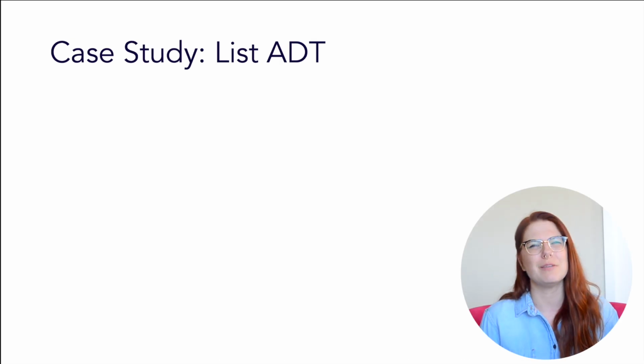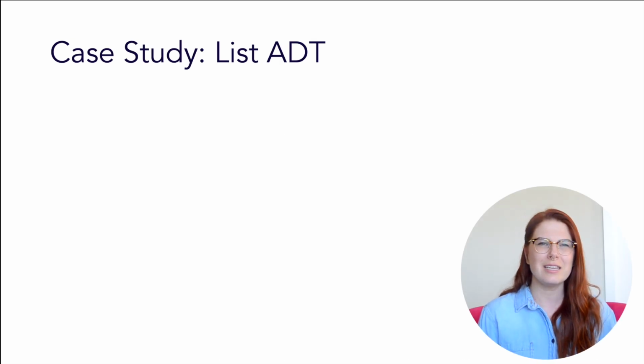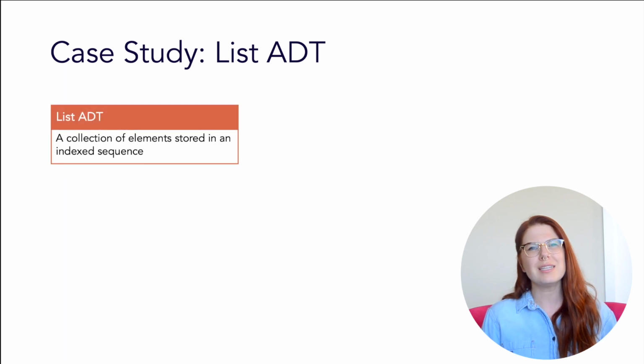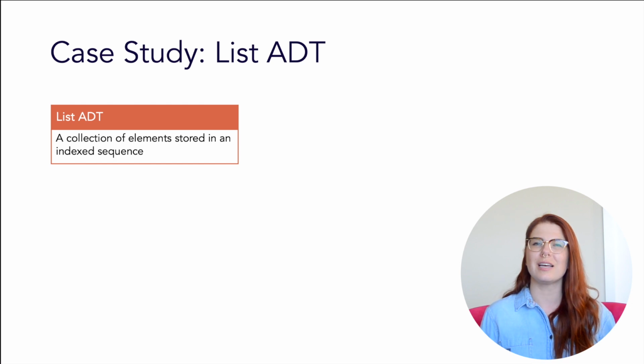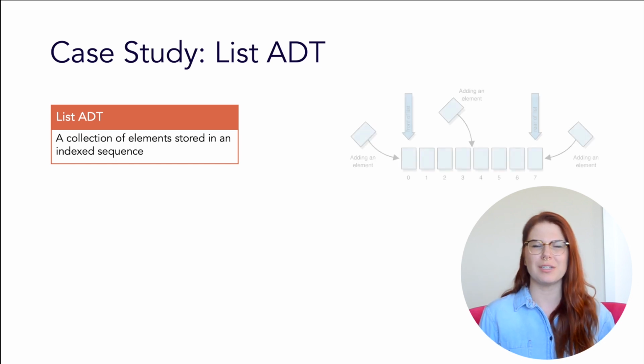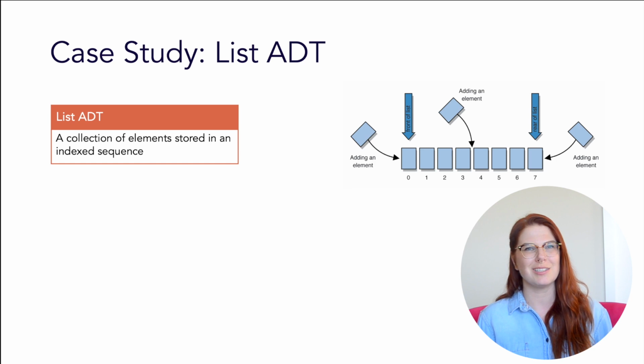Let's dive a little bit deeper into this List ADT so we can get into more of a case study. The List ADT in particular dictates that a list is a collection of ordered elements that all have their own index. So you can kind of picture it like this. It's a bunch of objects in a linear progression.